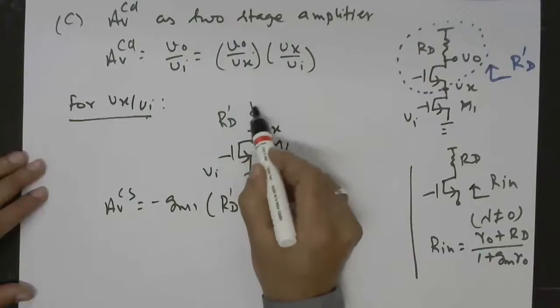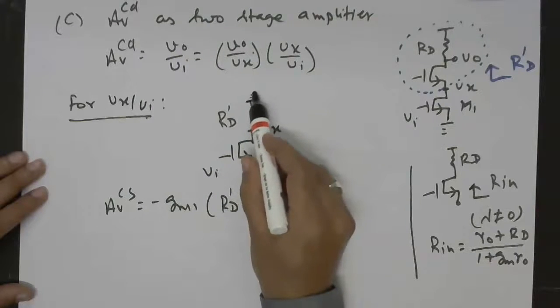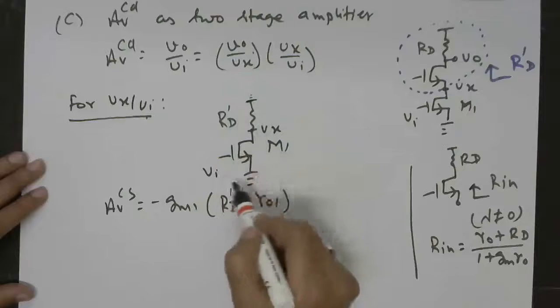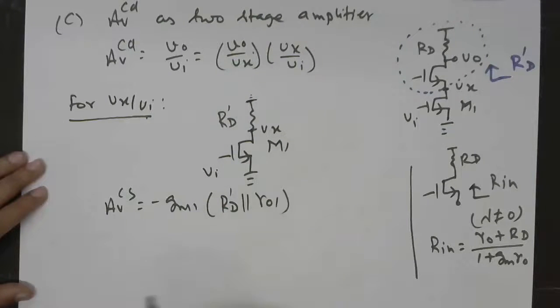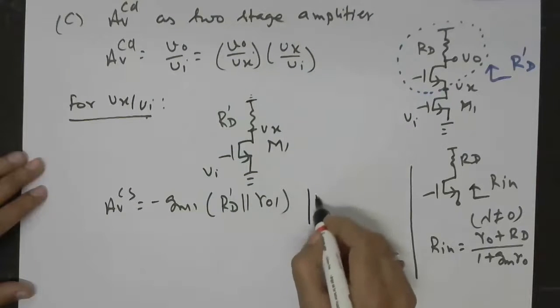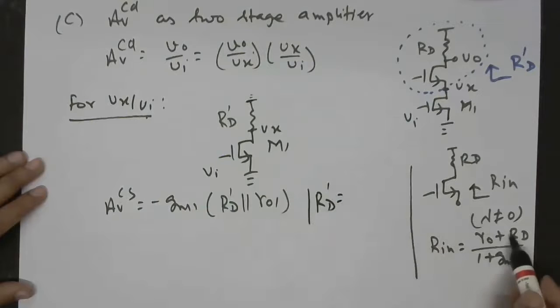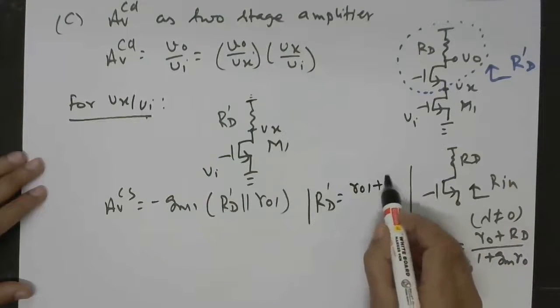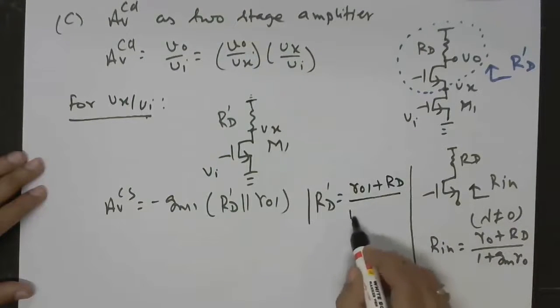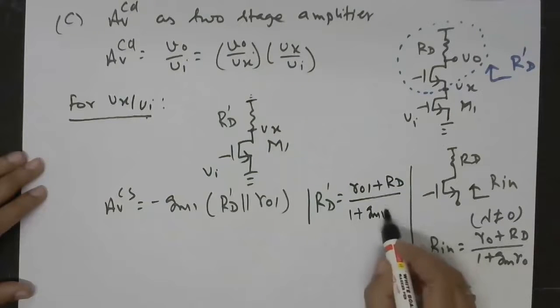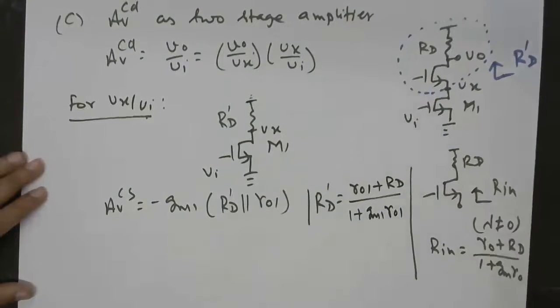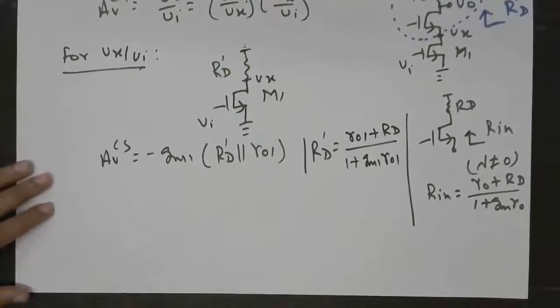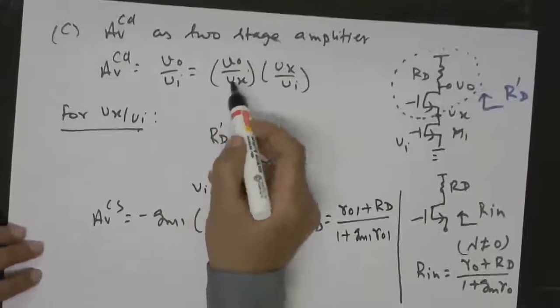For the small signal model, this other end will also be grounded, because we are talking about only AC quantities, where RD dash is given by this formula. That means R01 plus RD divided by 1 plus Gm1 R01.